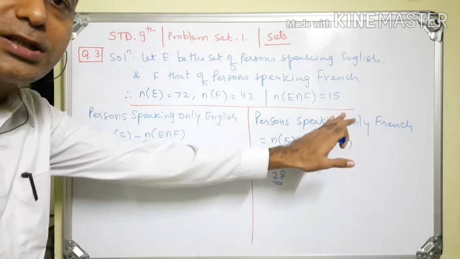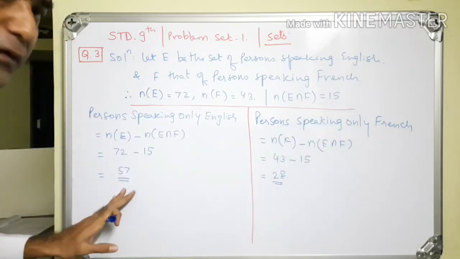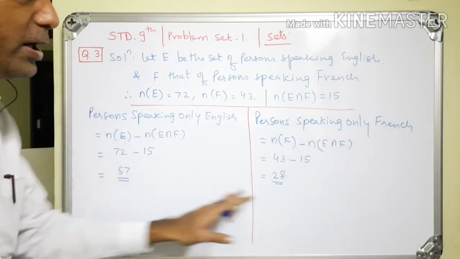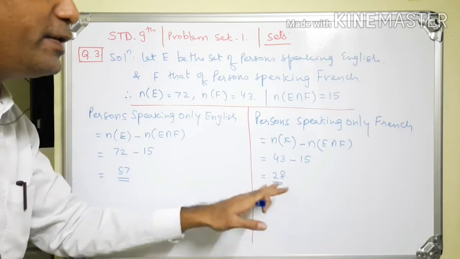So 15 persons speak both the languages, 57 persons speak only English, and 28 persons speak only French.